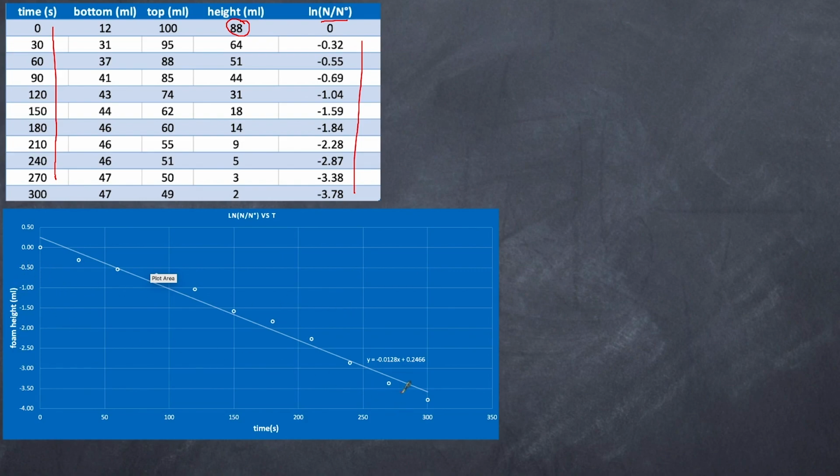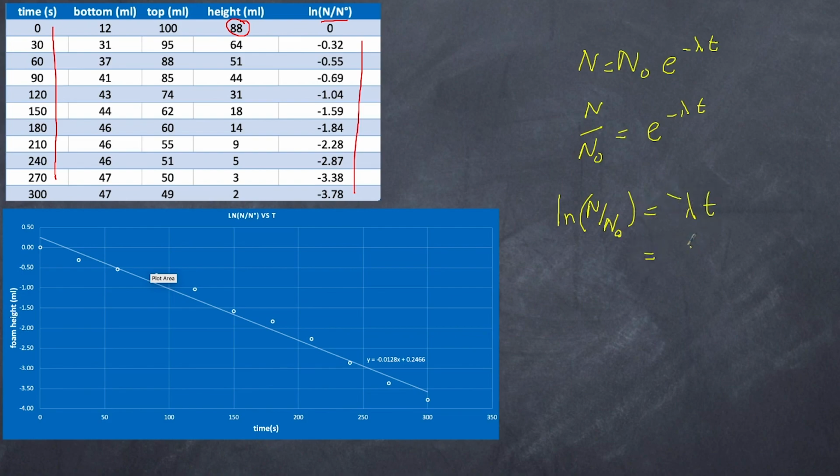Now, why is that? If I start off with N is equal to N naught e to the negative lambda t, therefore N over N naught is equal to e to the negative lambda t. You can see now if I take the natural log of N over N naught, I'm going to get negative lambda t.